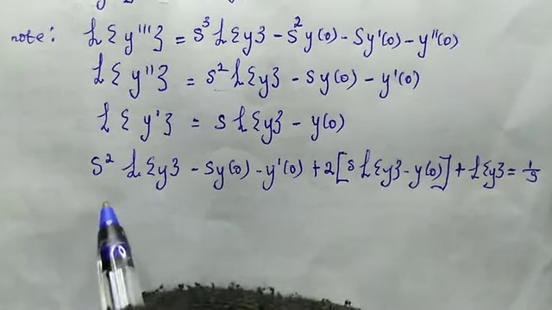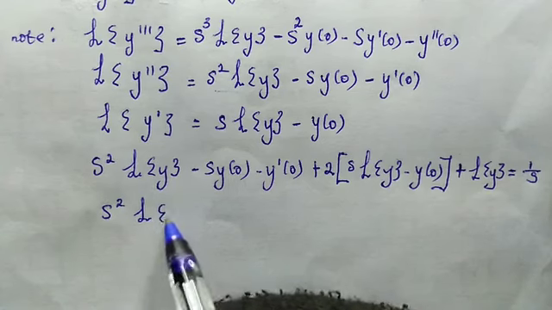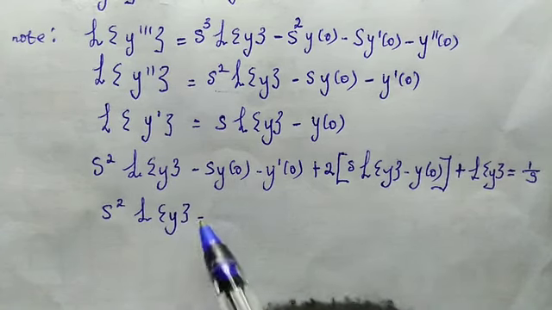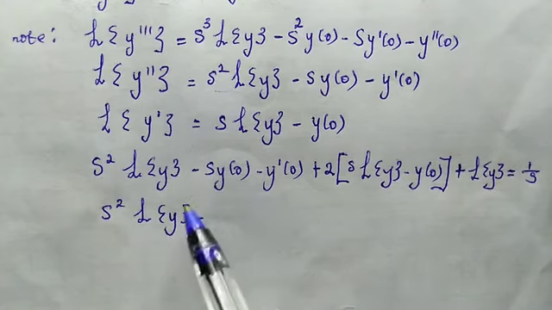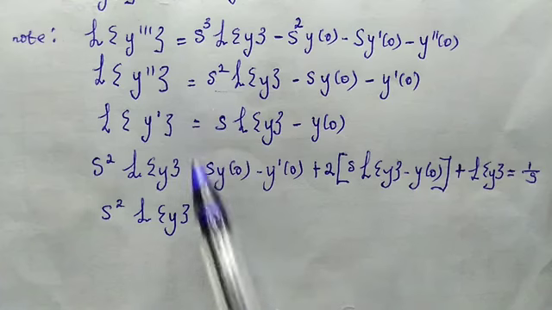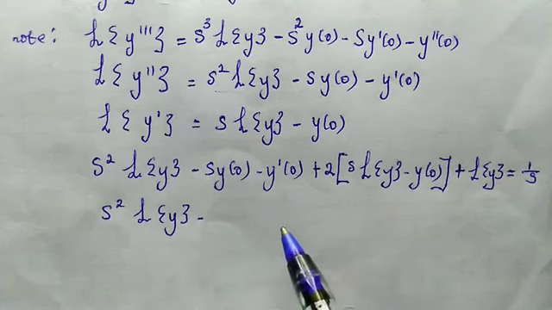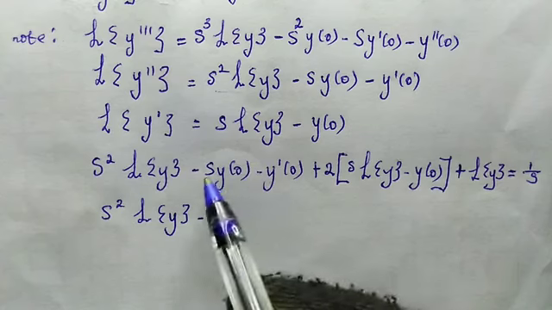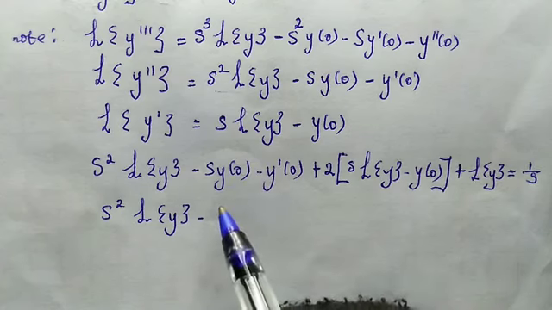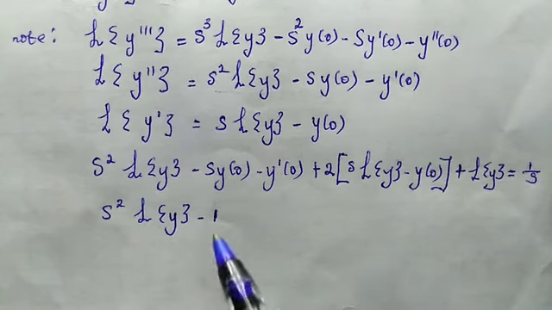Now we have s squared multiplied by the Laplace transform of y, minus, here we are given initial values, right? That y(0) is equal to 0 and y'(0) is equal to 1. So y(0) is 0, so s times 0 is 0, and y'(0) is 1, so we have minus 1 from here.